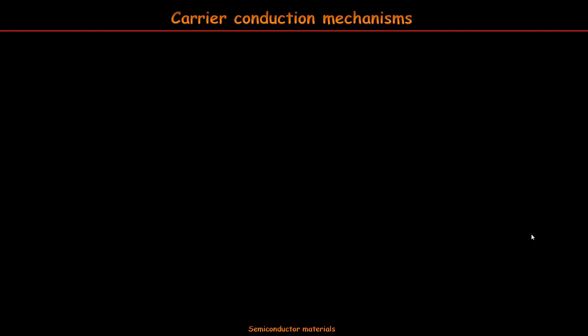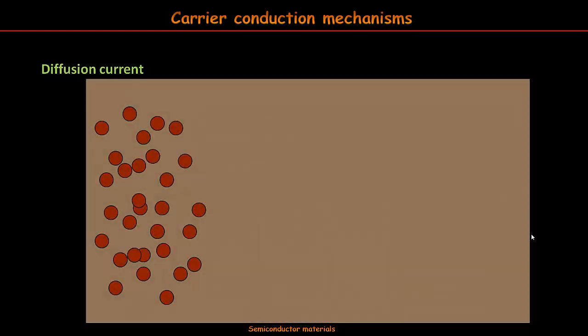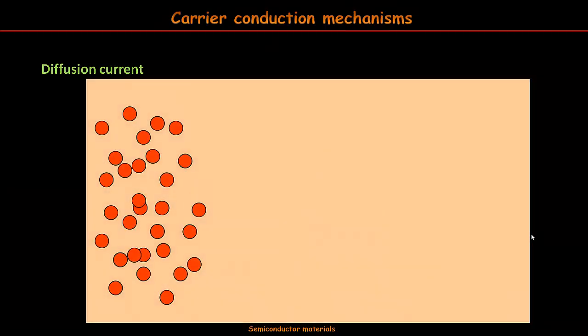We are going to speak about the carrier conduction mechanisms. Mainly there are two: diffusion and drift. Regarding diffusion, let's imagine a bulk of semiconductor, N or P-type, which has a lot of carriers inside. Imagine that just after the diffusion of the corresponding atoms, there are a lot of free carriers in one area near the interface of the air and the wafer, this one.